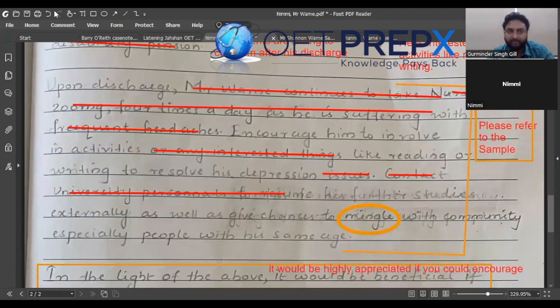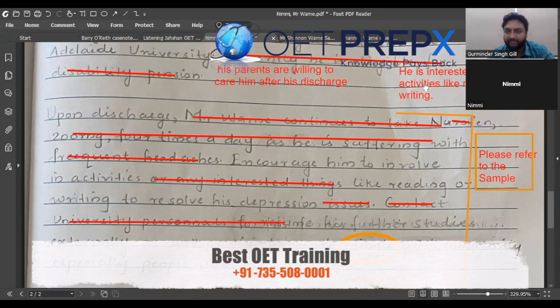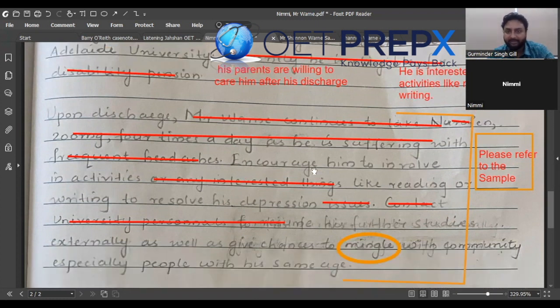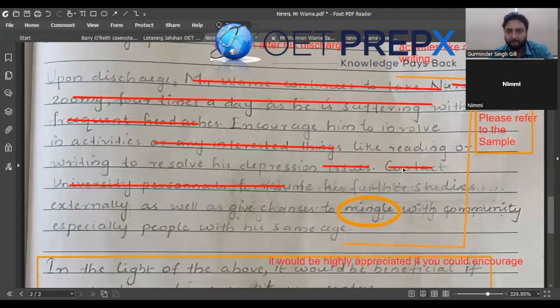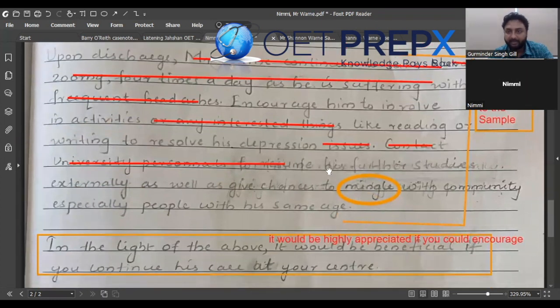Here we can mention what all we require. So encourage him to involve himself in activities like reading. If we don't write reading and writing here, it's still fine because we have already mentioned it in the previous paragraph. So we can say, kindly encourage him to involve in activities to reduce his depression. Next, his further studies externally, as well as giving choices to mingle with the community.